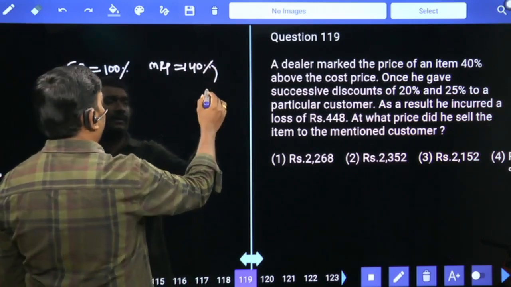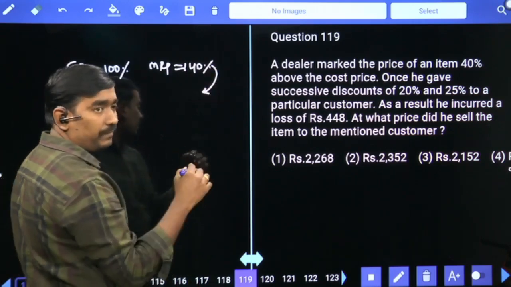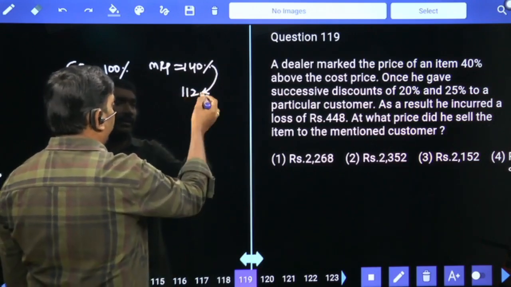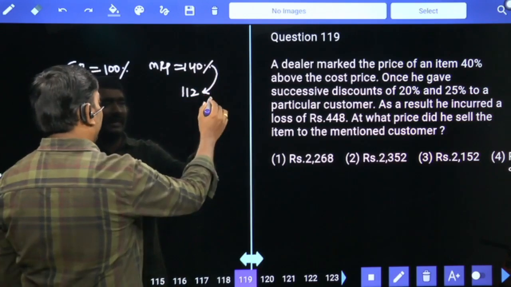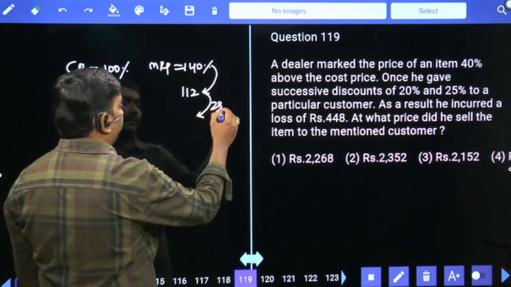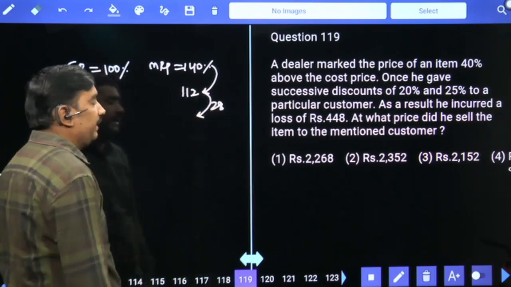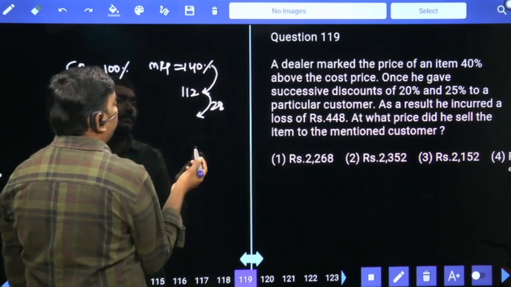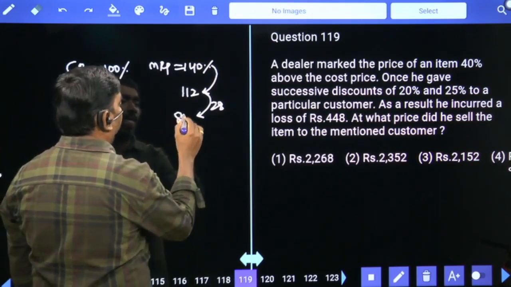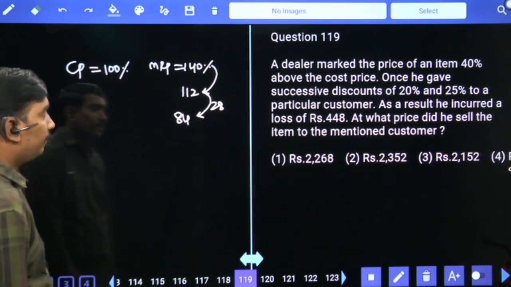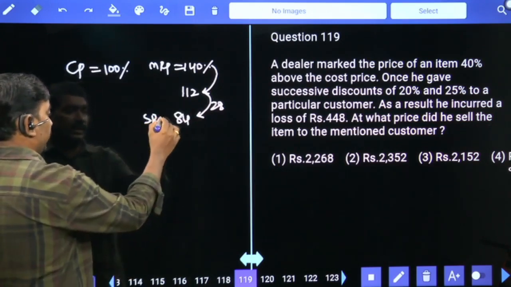First 20% discount out of 140. 20% means 28 discount given, remaining 112. On this again 25%, means 1/4 of 112, which is 28. 112 minus 28 is 84. So final selling price is 84%.